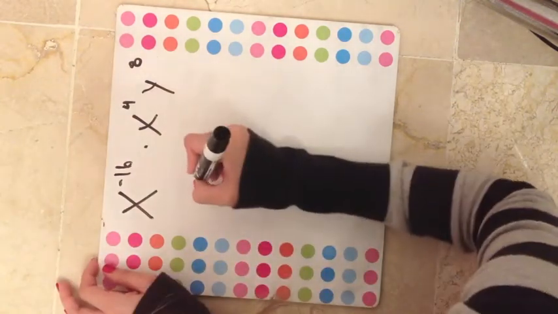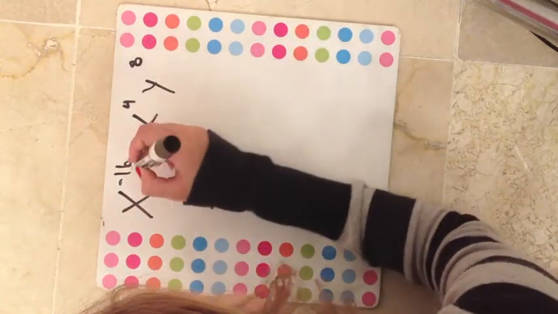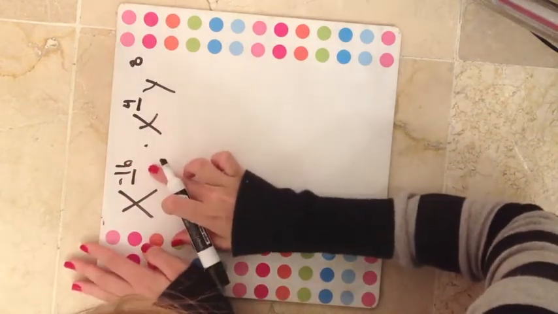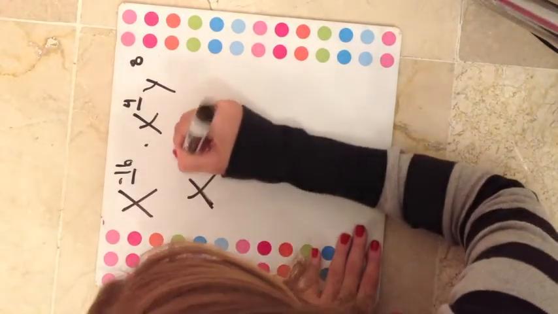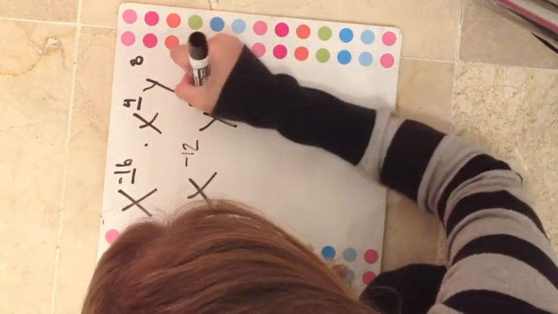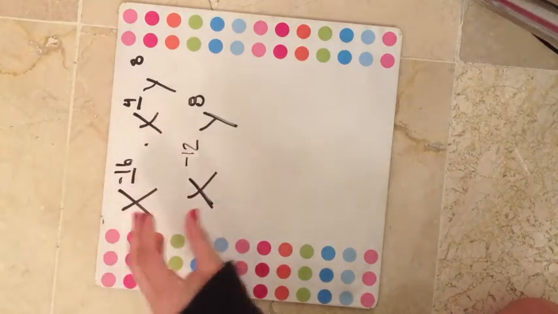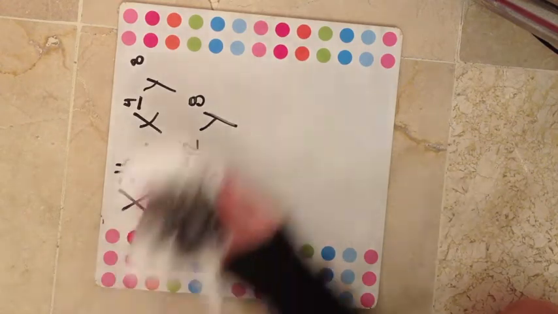So what you do is you rewrite the x like that, and you just add those two numbers, negative 16 plus 4, and that is negative 12. Then you just move down the y to the power of 8, since you cannot change it because you cannot combine it to any more variables. Okay.